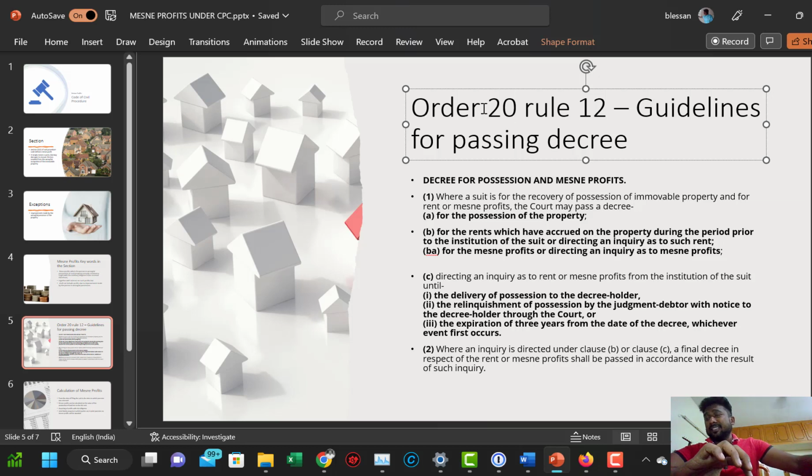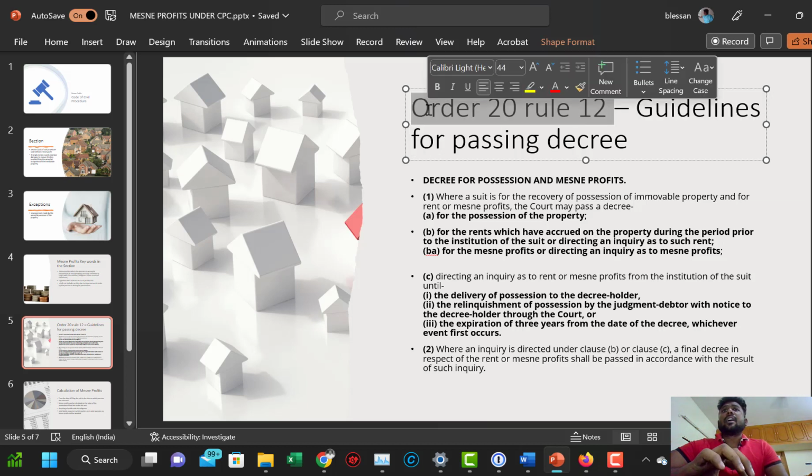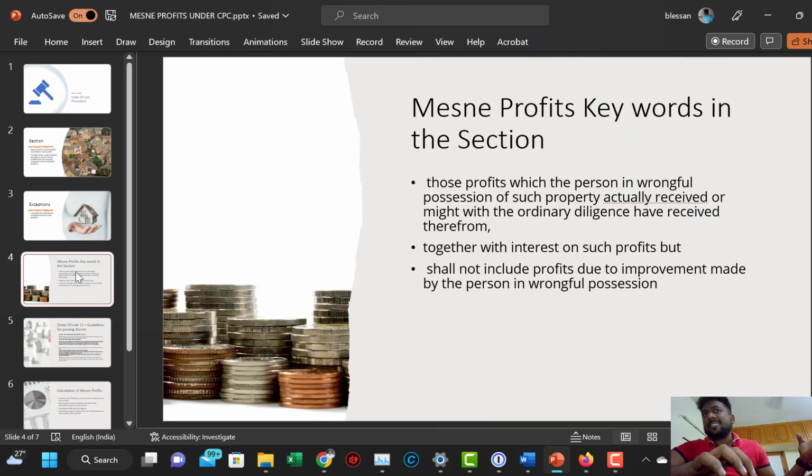If you are preparing for any judiciary examinations, please note this important point: Order 20 Rule 12 is where the guidelines for Mesne Profits are given, while Section 212 defines Mesne Profit. Some of the keywords in the section are profits arising out of wrongful possession of property, during ordinary due diligence, given along with interest, and any improvements made in the property need not be given.